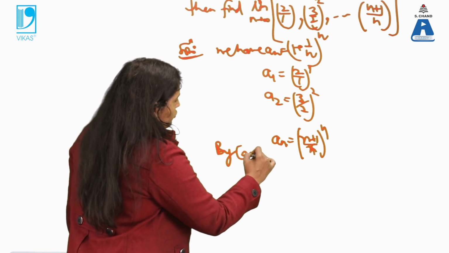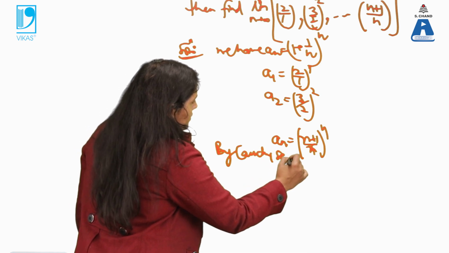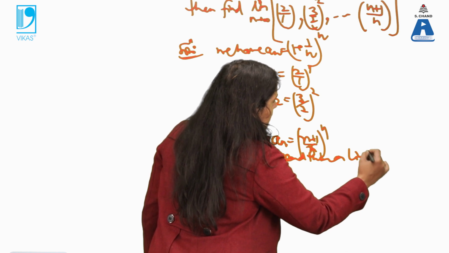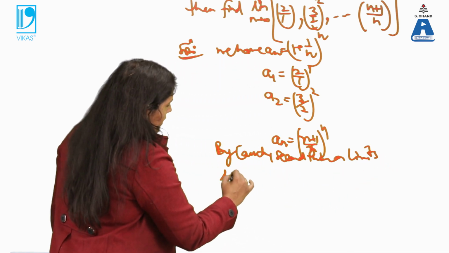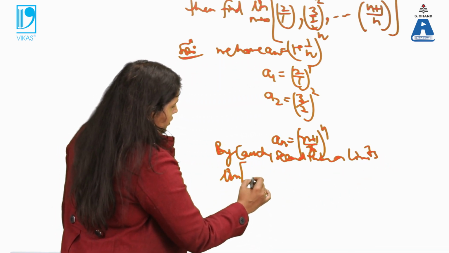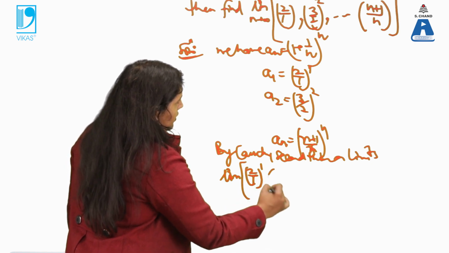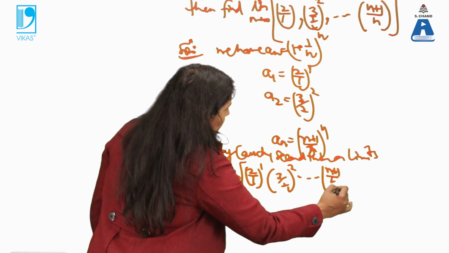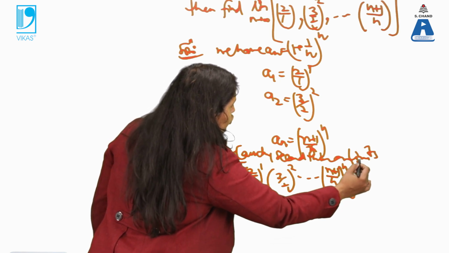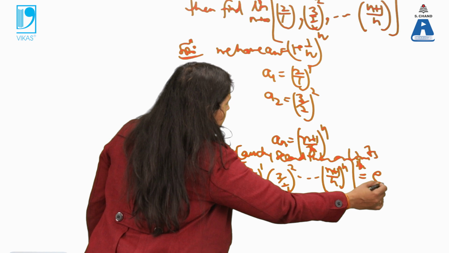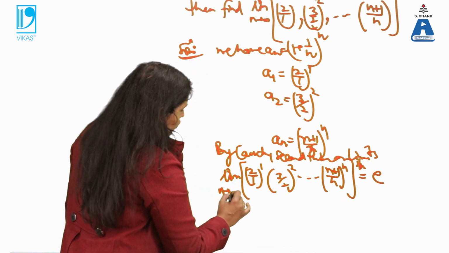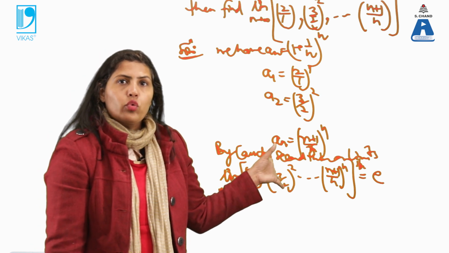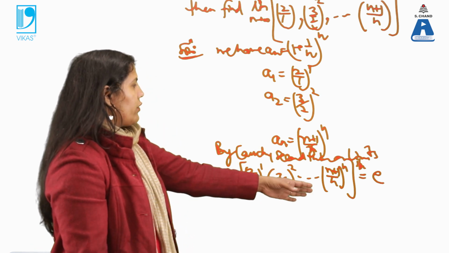By Cauchy's second theorem on limit, my formula says the limit of the product of the terms 2 by 1, (3 by 2) whole square and so on, ((n plus 1) by n) whole power n, all to the power 1 by n, will be equal to E, as n tends to infinity. So, you can see both the theorems help in solving difficult questions.